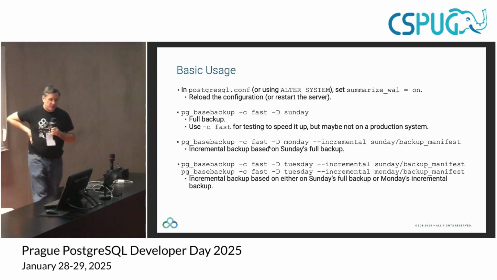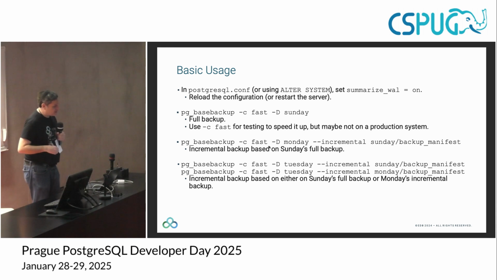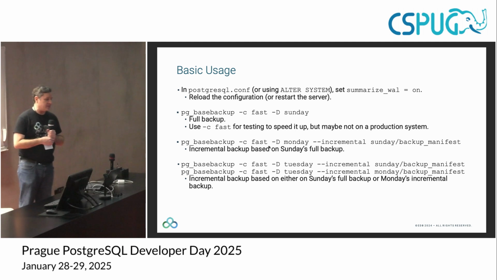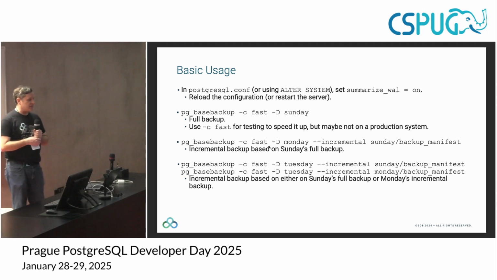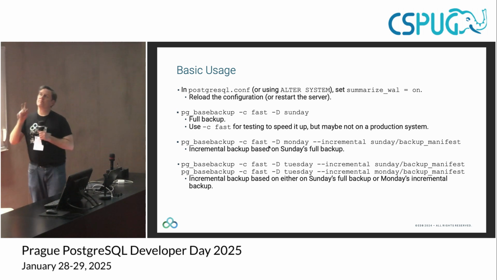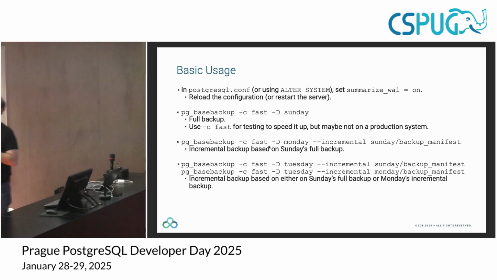In the third bullet point on this slide, we kind of get to the meat. We get to the real feature. Here I'm taking an incremental backup. And that backup is going to go into a new directory called Monday. The --incremental flag indicates that this will be an incremental backup. And then I need to pass the path name to a backup manifest from some previous backup.